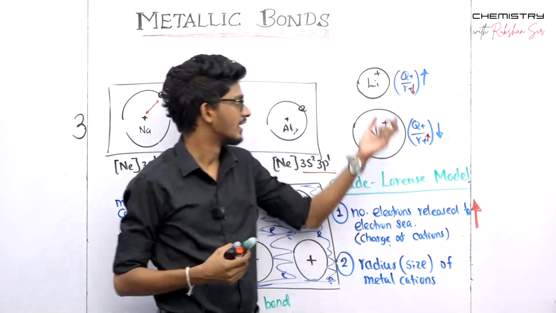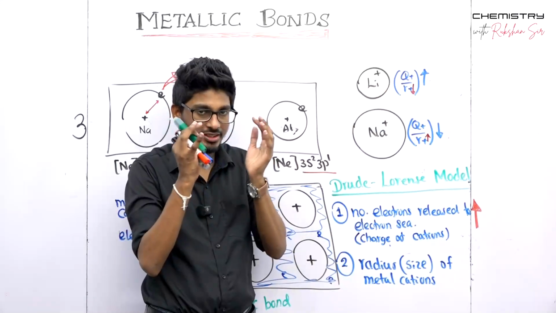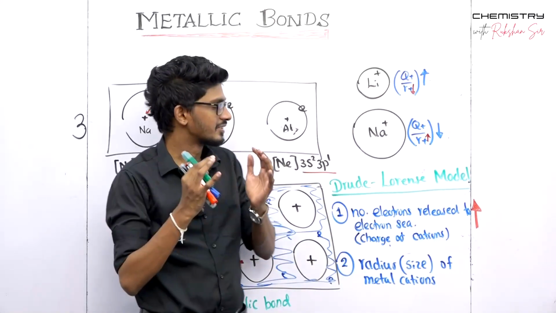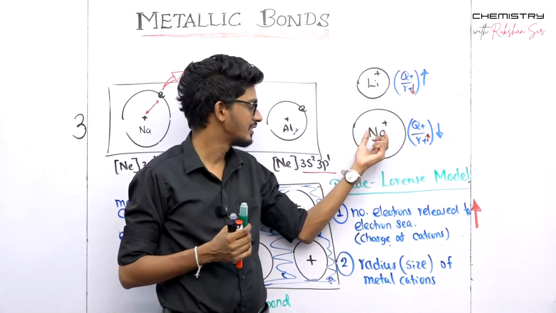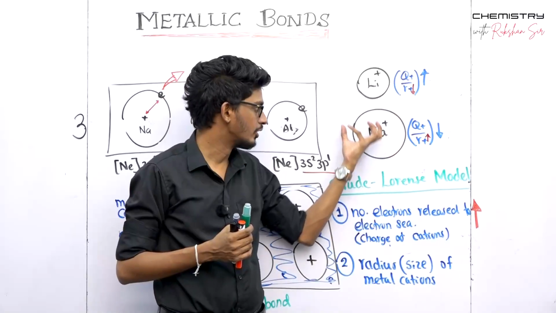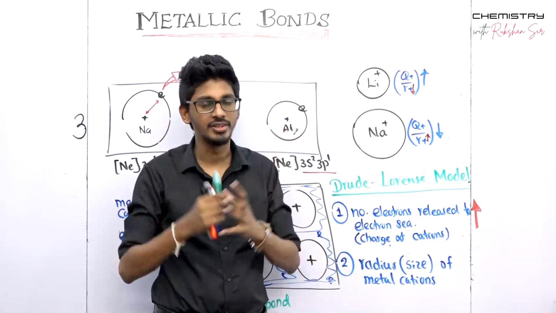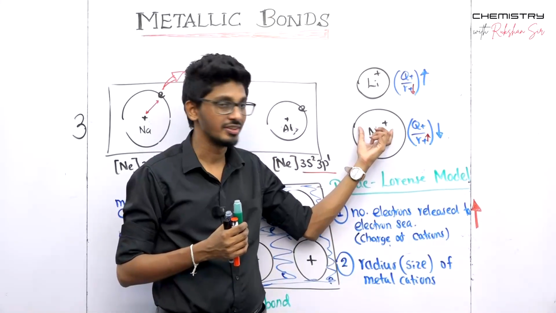If you have the same amount of charge in a very small space, the charge is more concentrated, which means the positive charge strength is high. If the same charge is in a larger volume, the charge is diluted, more dispersed, so the charge strength is low.